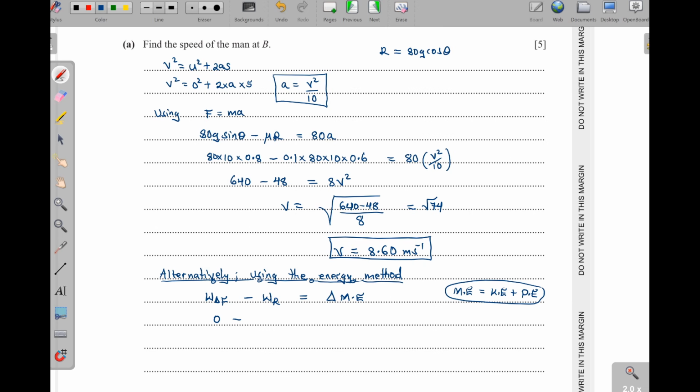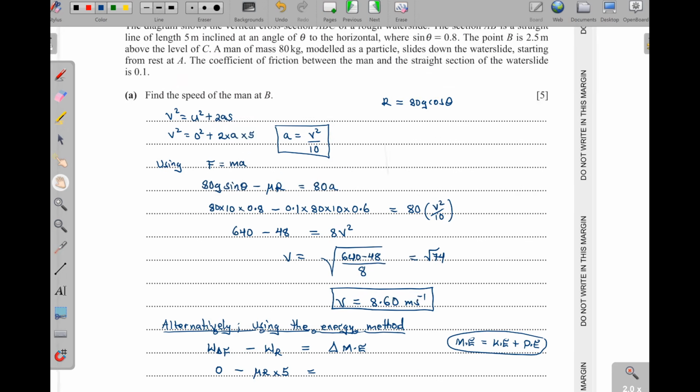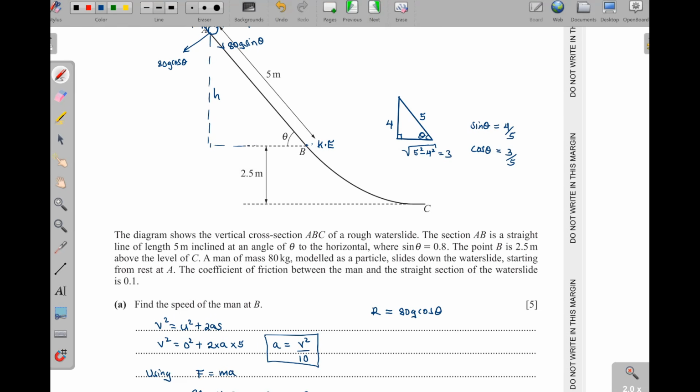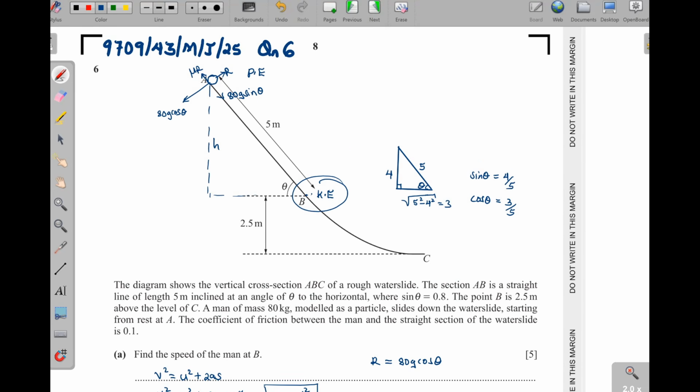Then work done by the resistance force. The resistance force is that mu R, the frictional force. And work done is equal to force times distance. The distance is 5 meters. Then this one is equal to change in mechanical energy. We get final mechanical energy minus the initial mechanical energy. So this one will be the final in terms of kinetic energy, and this one will be the initial.